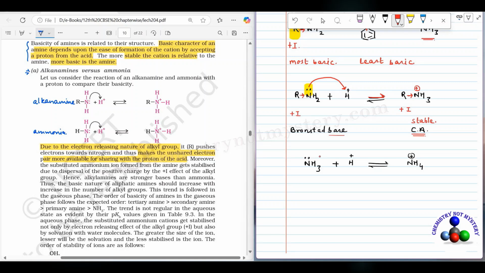And in the ammonium ion, there is hydrogen which cannot donate electron density to fulfill the deficiency of nitrogen. So that's why this ammonium ion will be unstable as compared to the cation formed in the case of alkylamine. As this is an unstable conjugate acid, ammonia will be a weaker base than alkylamine.